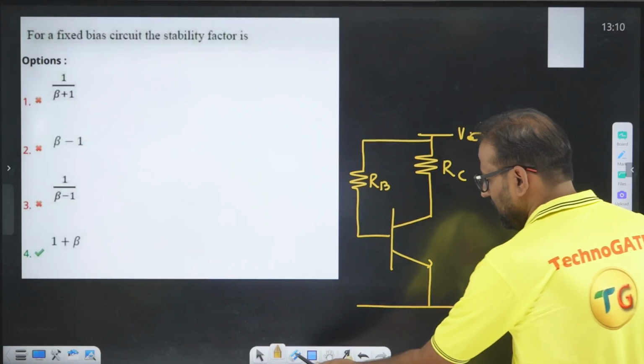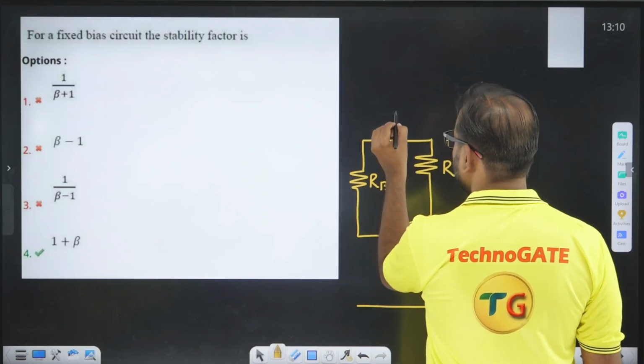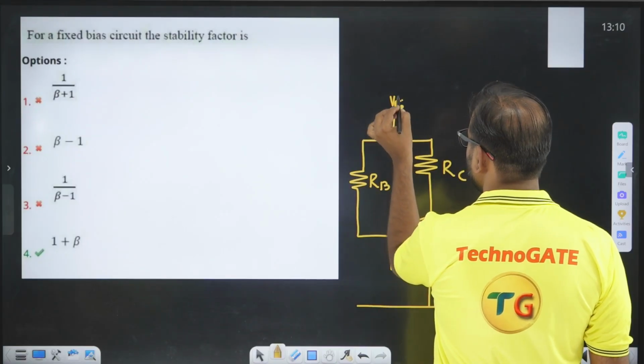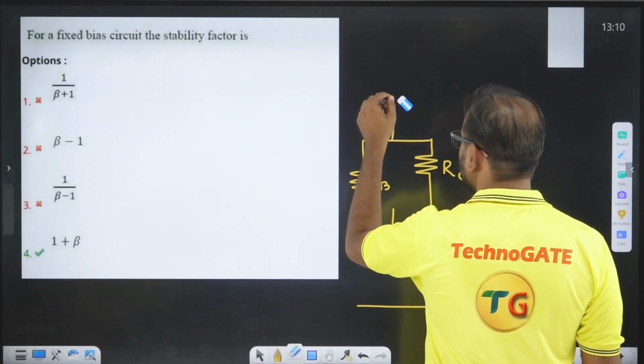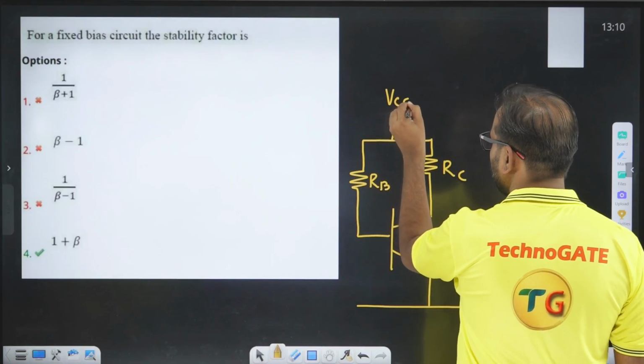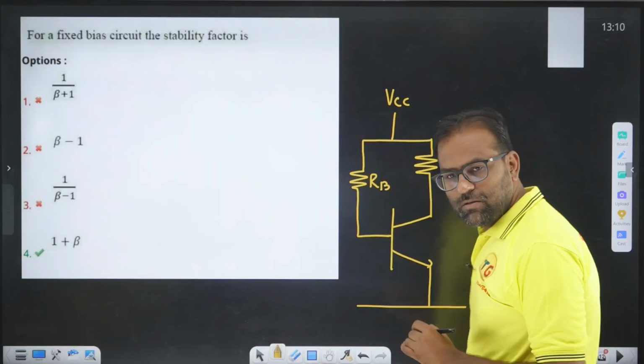This is RB and RC. Let me draw it correctly. RB and RC.